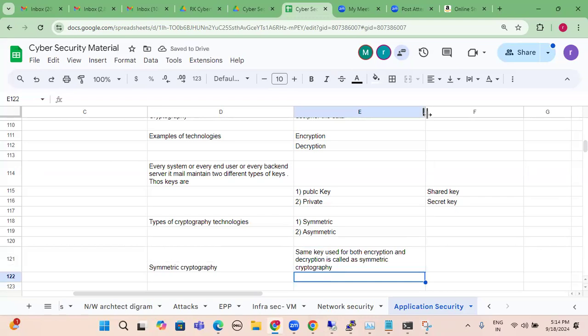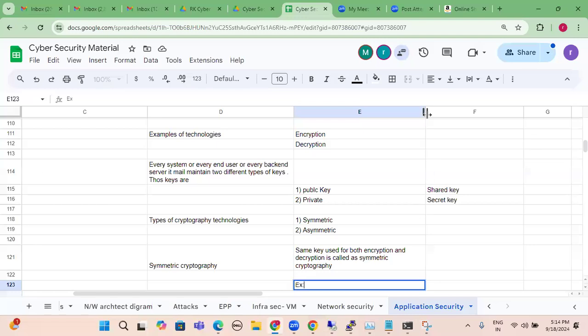Before going into its features, examples of symmetric cryptography: disk encryption, voice encryption, database encryption, except when the end user is accessing. Even file-wise we can do encryption, and query-wise too; it depends completely on the requirement.